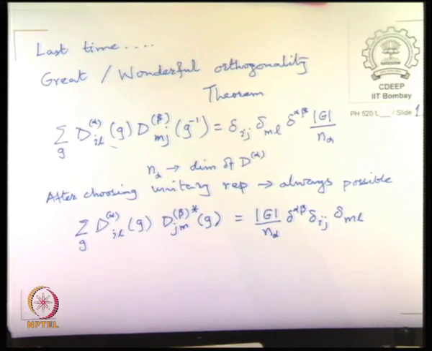Now the next thing we will do is to convert this into a relationship for the characters.